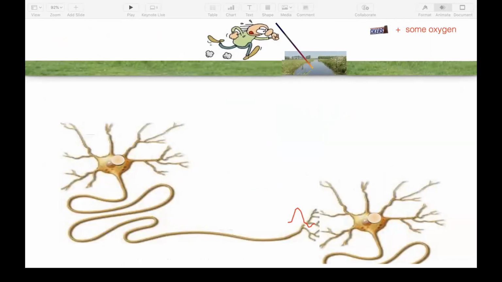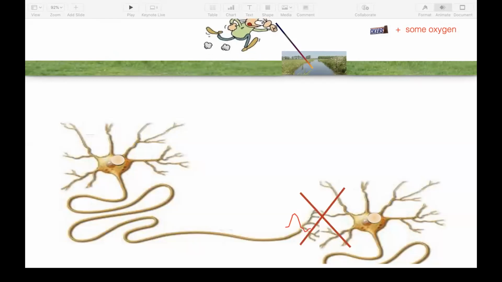So neurons still maintain membrane potentials, they can transport action potentials, but the chemical synaptic transmission is halted very soon, actually. So neuron A cannot communicate with neuron B because the chemical synapse is not functioning properly.